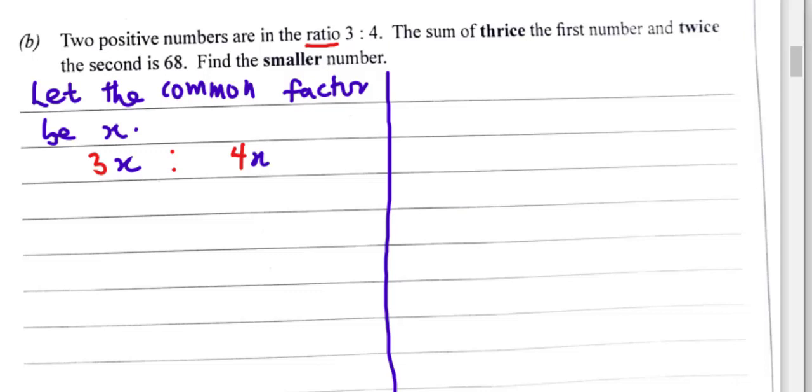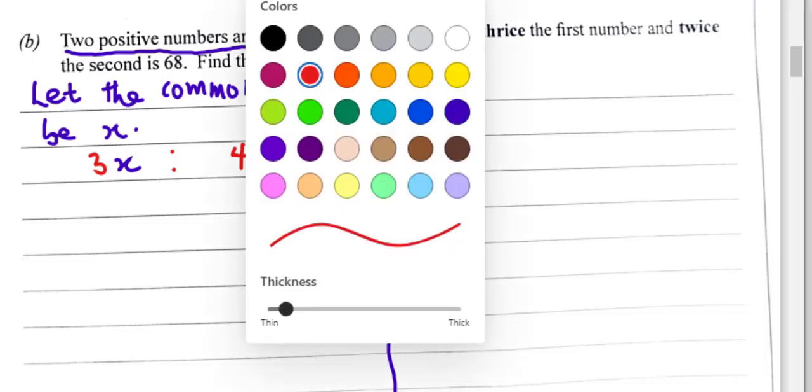So two positive numbers are in the ratio 3:4. This first statement gives me 3x is to 4x, because the ratio 3:4 means that a factor has been cancelled out. You can see I'm using only x, no x and y.